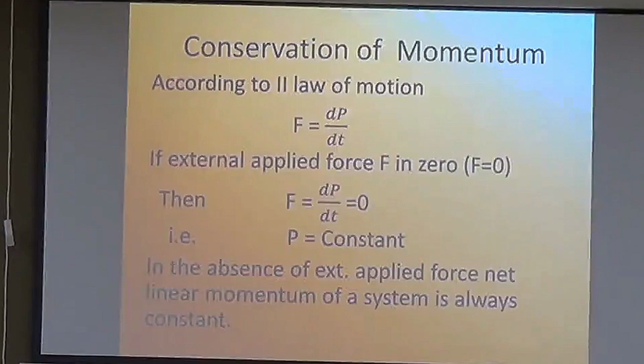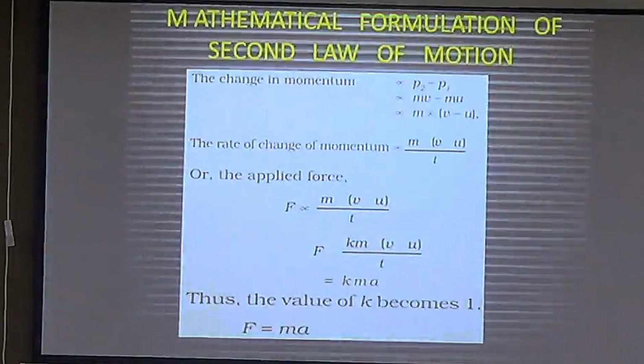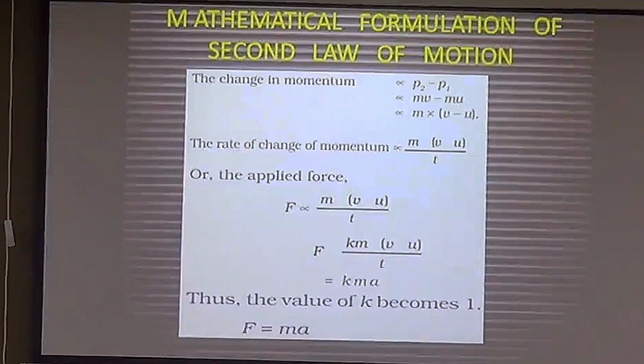Thus, in the absence of external force, the linear momentum of a system is always constant. Also, the second law of motion is written as the rate of change of momentum, m(v minus u) upon t, as I told you, or F equals ma. Both forms can be derived from each other.